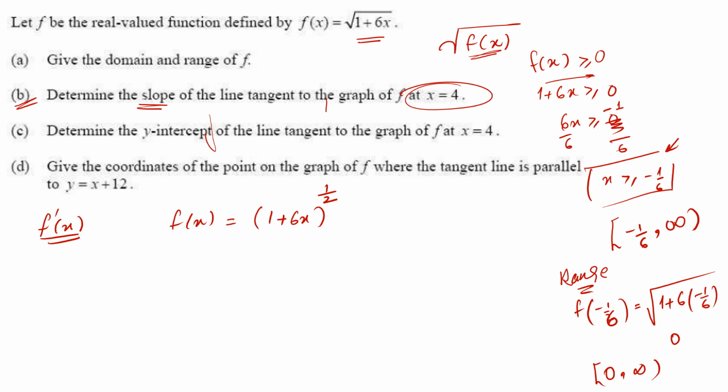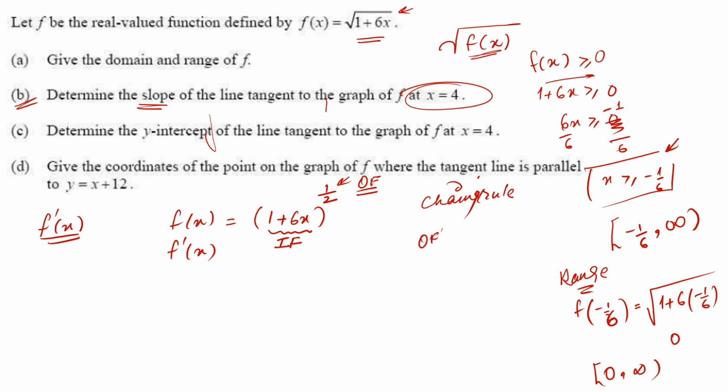Now take the derivative. Since it is a composite function, this 1 plus 6x is the inner function and the half power is the outer function. So we have to apply the chain rule of differentiation. The chain rule says take the derivative of the outer function times the derivative of the inner function.